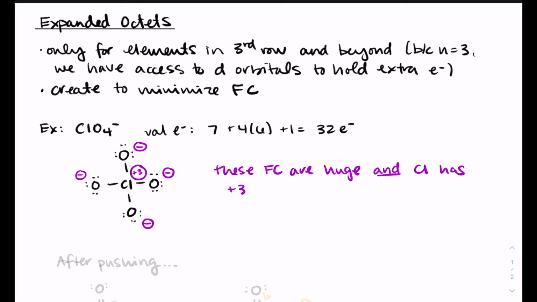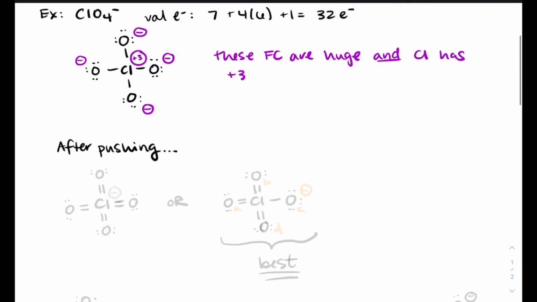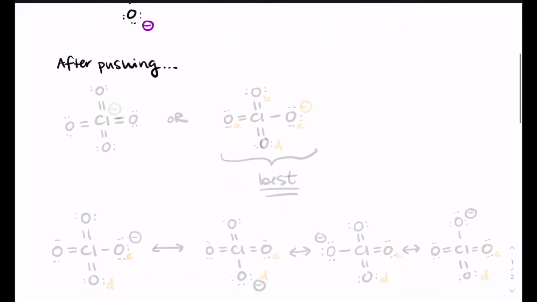extreme version. So what happens if we push a lone pair from every oxygen? Let's give every oxygen a 0 formal charge. Okay, so this is my first structure that I have.